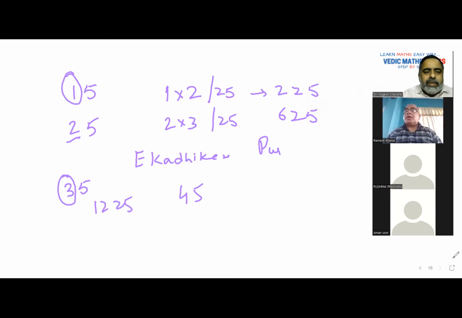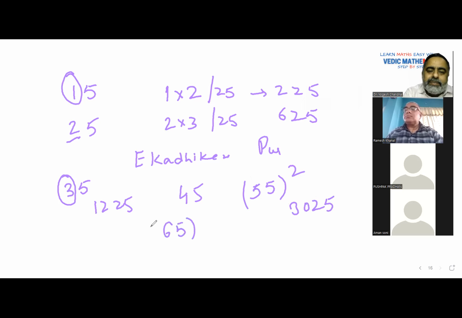So what is 55 square? 3025. What is 65 square? 4225. See how fast you are going now.